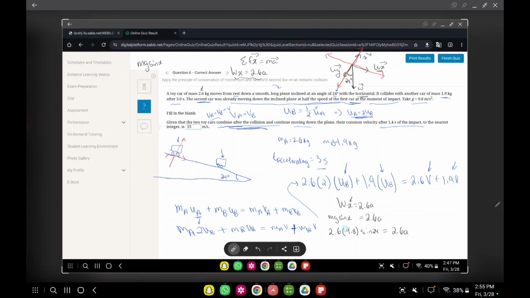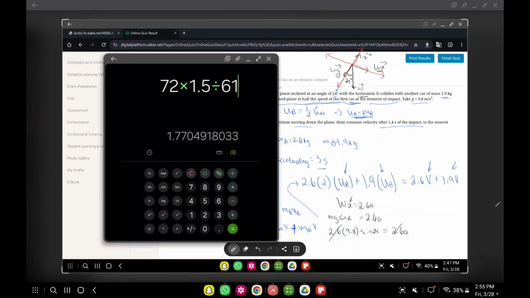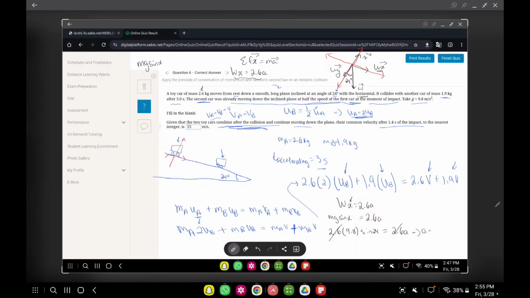Can I find this? Of course I can. You can cancel the 2.6 with the 2.6. You're going to get that 9.8 sine 24 is your acceleration. 9.8 sine 24 is 3.986. So therefore, a is 3.986.